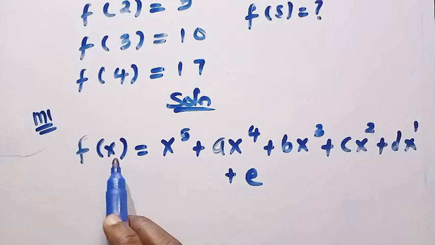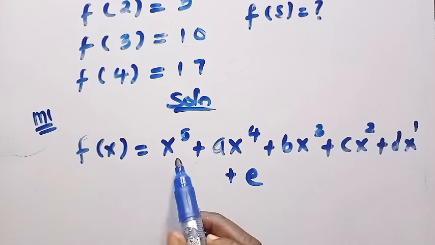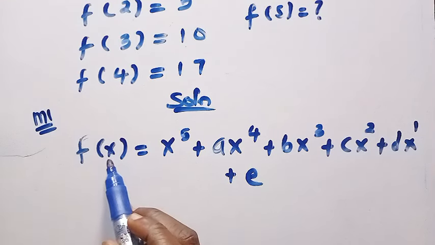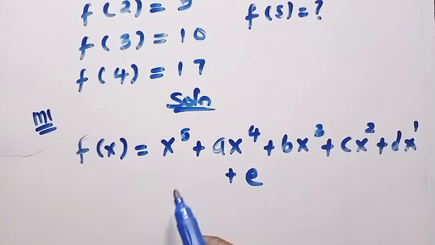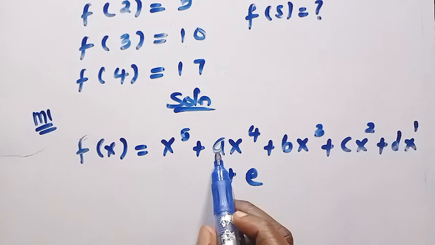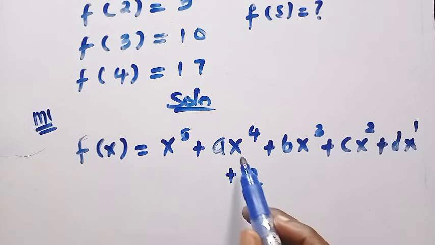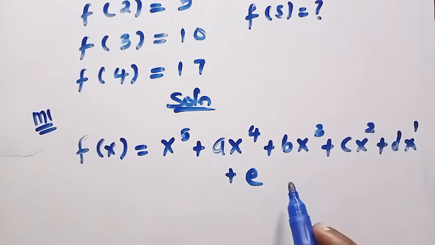But before then, we have to keep substituting the value of x, at x equals 1, then down to x equals 4. As we plug in these values, we are forming new equations.